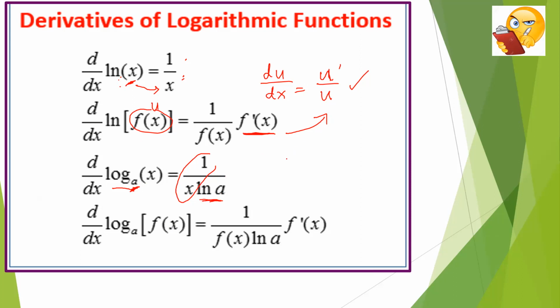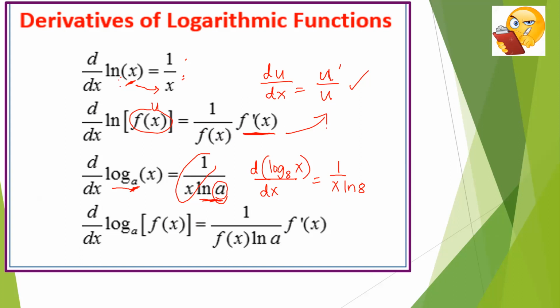Kunwari, meron kang derivative of log to the base 8 of x with respect to x. So the derivative of that will be 1 over x times ln of 8. So yung 8, yung ating constant, na nasa base.